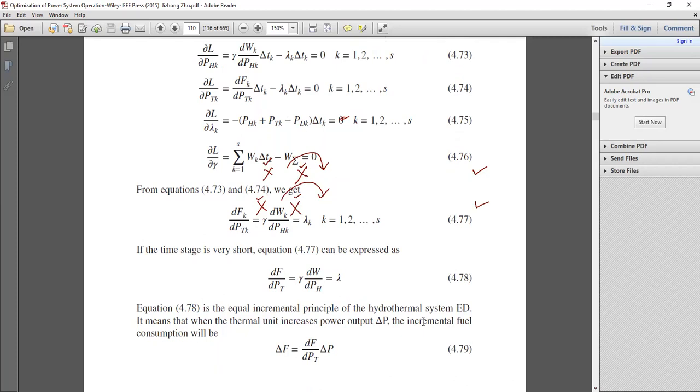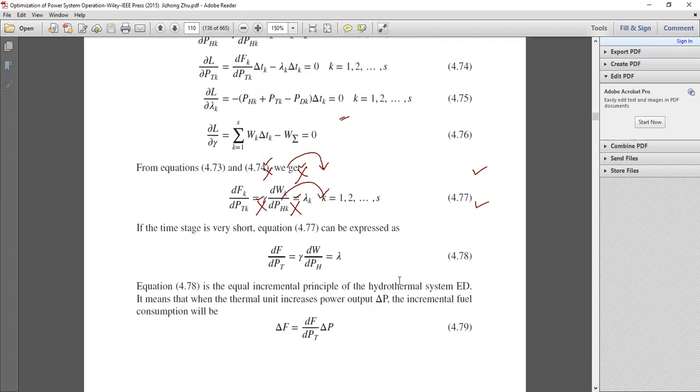So now equation 4.78, that is this, for the hydrothermal system, gives some relationship for the equal incremental principle. Remember, for all thermal units, we had something like this: dF over dPT equals lambda.